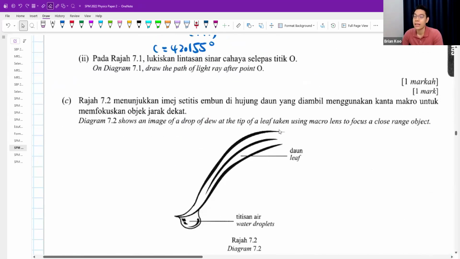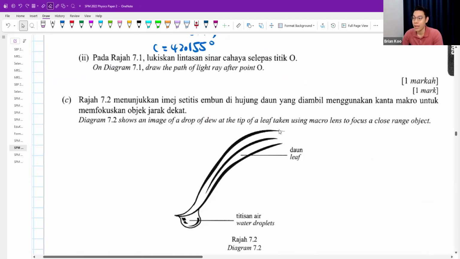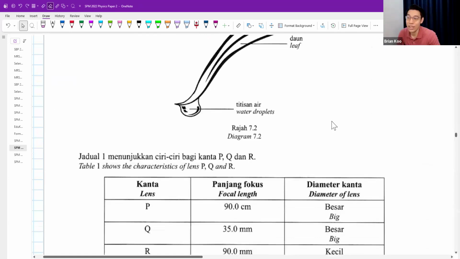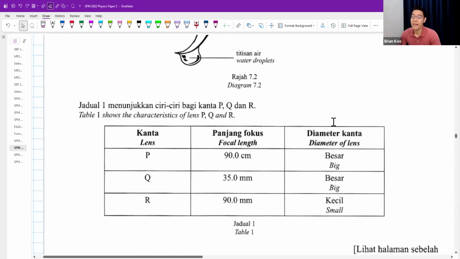Part C. The diagram shows the image of a drop of dew at the tip of a leaf taken using a macro lens to focus on a close range object. Okay, a macro lens is actually not in your syllabus. And then the table shows some characteristics of lens P, Q, R. The easier one is, I would definitely want a big diameter of lens.